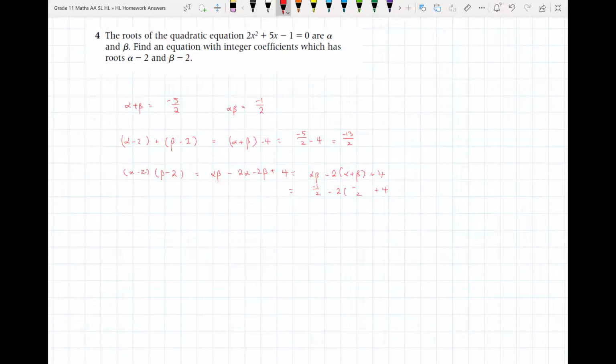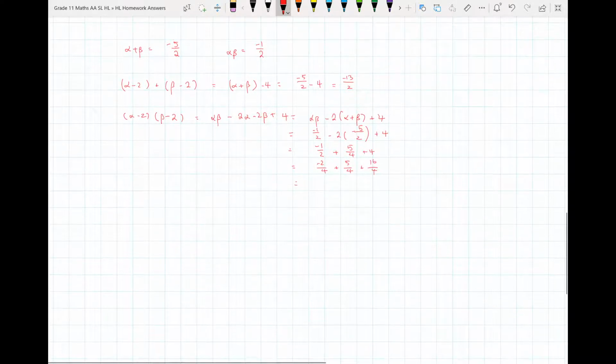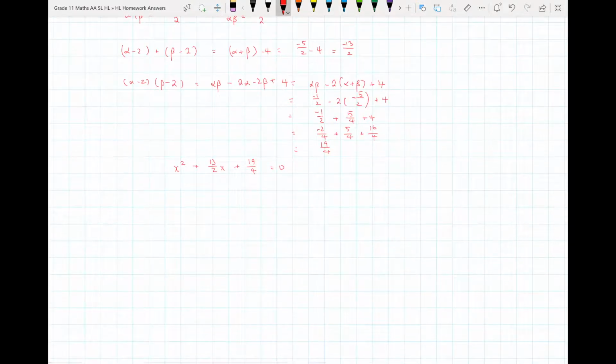This is a 5. So we have a negative a half plus 5 over 4 plus a 4. So let's change all of them to the same denominator. So 5 plus 16 minus 2 is 19. So a possible equation will be x squared plus 13 over 2x plus 19 over 4. Do they want integer coefficients? Yes, they do. So let's multiply everything by 4 to cancel out the fractions. There you go.